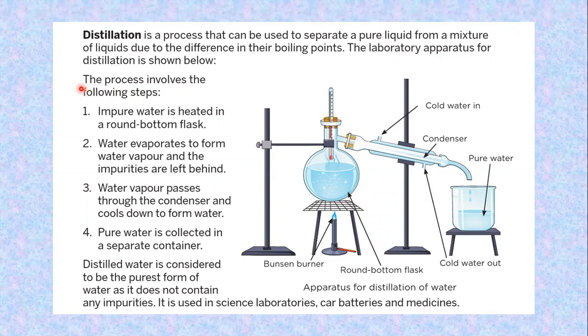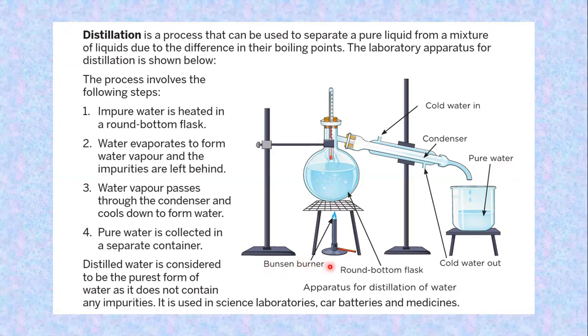If I discuss the apparatus for you, this is called a round bottom flask because the bottom is round shaped. A round bottom flask helps a more evenly distributed heating of the water. That is the reason why we use it. We have our impure or dirty water in this.